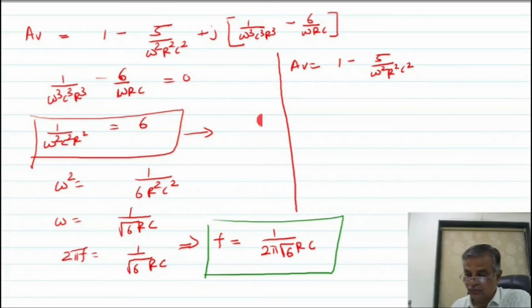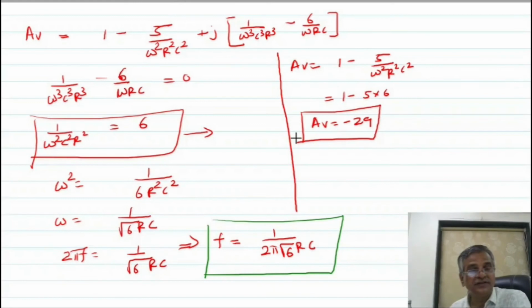So I put this value here: 1 minus 5 into 6. So gain is minus 29. This means the minimum gain of the amplifier should be at least minus 29. Then and only then is sustained oscillation obtained.